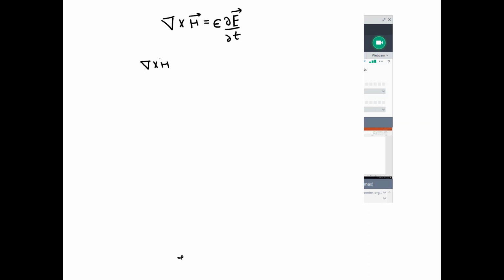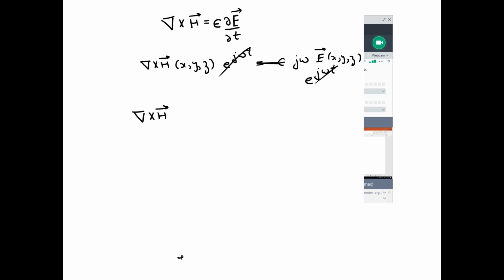I have del cross H(x,y,z) e^(j omega t) is epsilon. When I do the derivative, I get j omega E(x,y,z) e^(j omega t). And these phasor terms will cancel out, and thus I get an equation only in space now, which is del cross H(x,y,z) is j omega epsilon E(x,y,z).